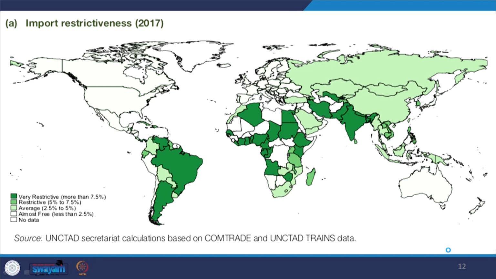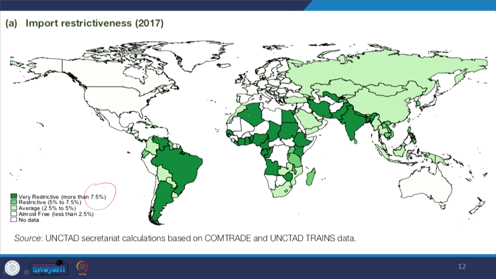Now look at the import restrictiveness, especially by tariff lines. Very high restrictive rates, more than 7.5%, are observed with the deep shaded color. Now, look at India among those countries, India, Pakistan, even near about those South Asian countries are observed to be much higher.